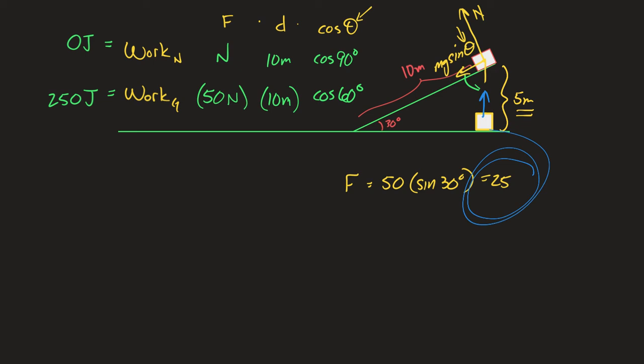But I have to push it twice as far to get it to the top of the ramp than if I can just lift it up to the top of the ramp. Simple machines exchange force for distance while doing the same amount of work. That's true whether it's a ramp, a lever, a pulley, or a wheel and axle. They all exchange force for distance while doing the same amount of work.